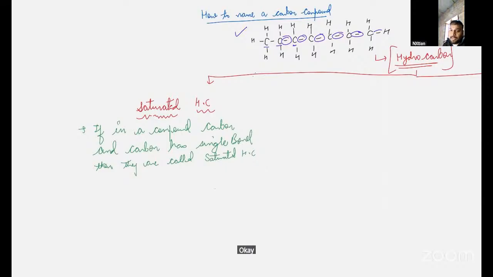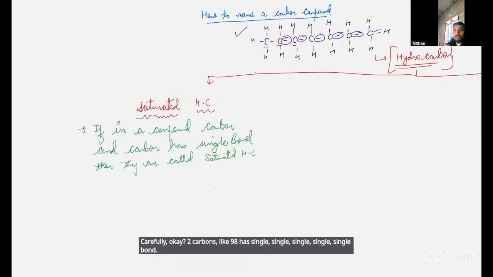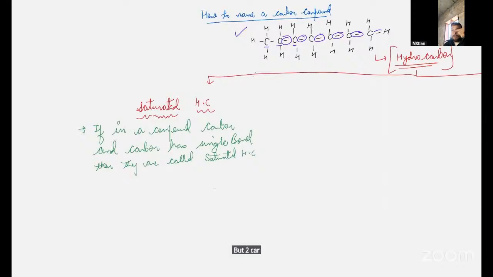I'm repeating again. Listen carefully. Like a 100 carbon chain is there. 98 have single bonds, but 2 carbons have a double bond between them, 2 lines. Then they are not saturated hydrocarbon. They are unsaturated hydrocarbon. Got it?